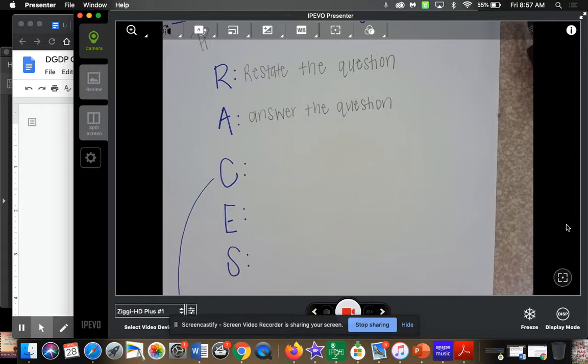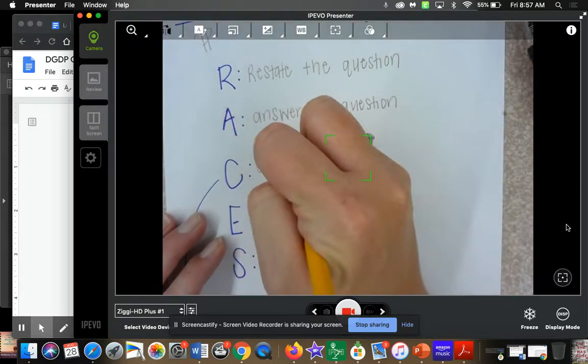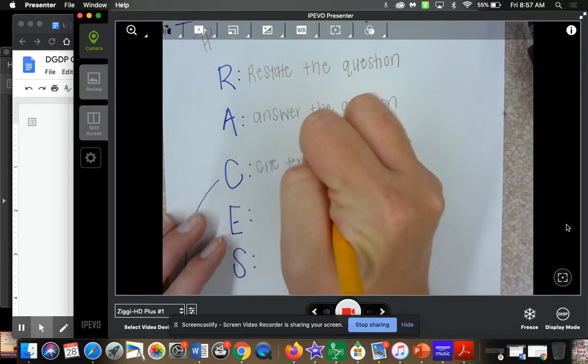Textual evidence is evidence from the text, meaning you're going to use what you read to support your answer. So C stands for cite textual evidence.